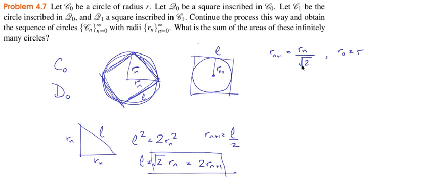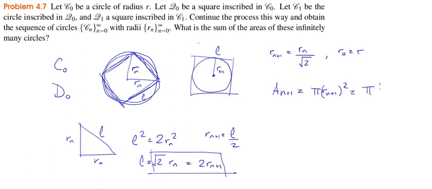Now we have recurrence relations for the radii of the circles, which is the only thing we need to compute the area, right? So the area of circle n plus 1 is just pi r_{n+1} squared. But what is r_{n+1} squared?